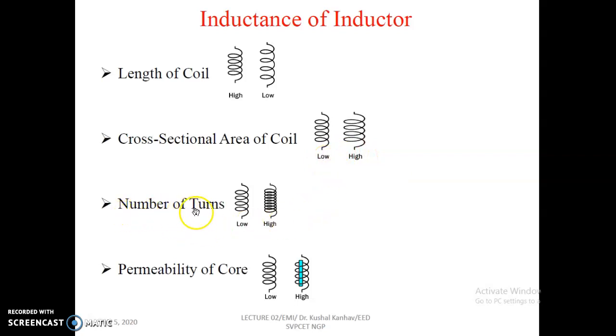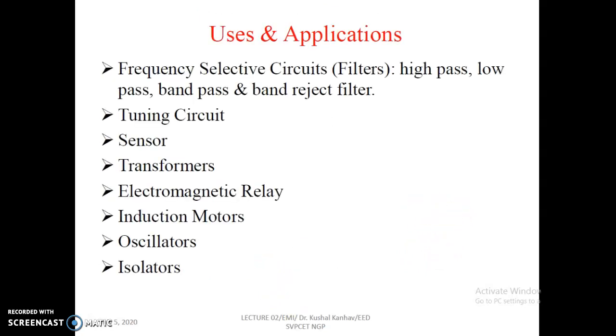Similarly, it is directly proportional to the number of turns. If the number of turns are more, then the inductance is high, otherwise it is low. Permeability of the core: if we are using some magnetic material, then the permeability will decide the inductance. So it is high if we are using some magnetic material, whereas it is low in case of air core inductor. So these are the factors that decide the inductance of the inductor.